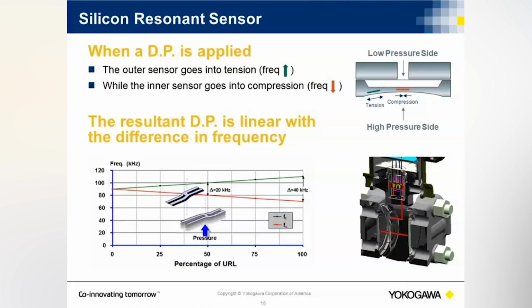So as you can see in the graph at the bottom, pressure as a percentage of URL, which is upper range limit, that's the theoretical maximum that a transmitter can measure. I'll get to that a little bit later. So as you increase this pressure, you see that the outer sensor and the inner sensor gradually move apart in different directions of frequencies, and this change in frequency is proportional to a change in applied pressure.